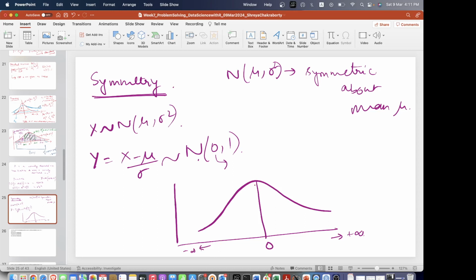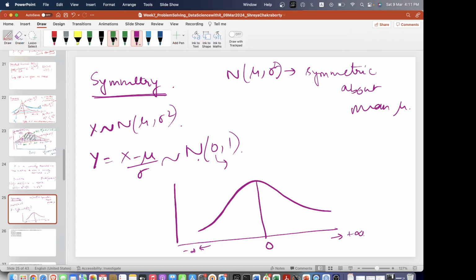Now if I want to find the area under this point, let's say this is my point A, then the area below this point A would be equal to the area above the point minus A. So let's say here A is minus 2.